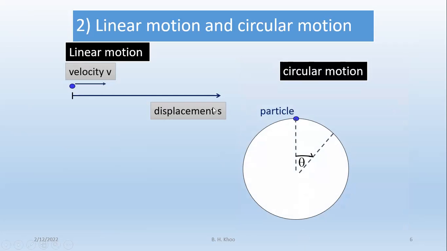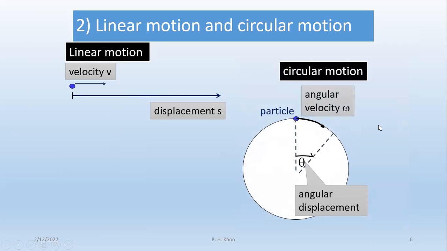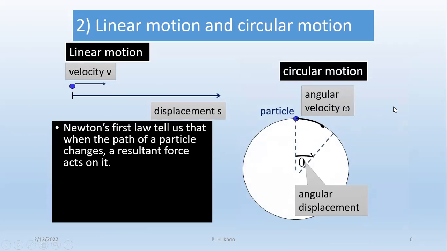Instead of displacement, we define a new term. Instead of calling it angle, it can go clockwise or anti-clockwise, we call it angular displacement. Then instead of velocity, since it's moving in a circular path, we call it angular velocity. The extra term angular means moving through an angle in a circular path.